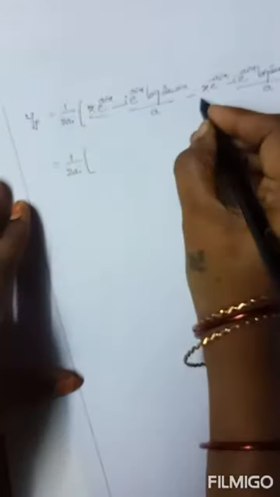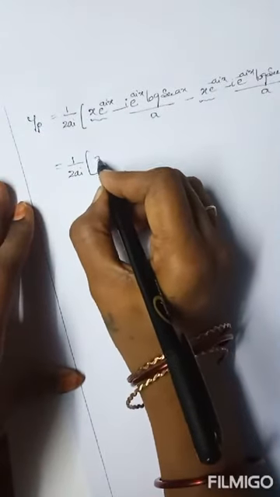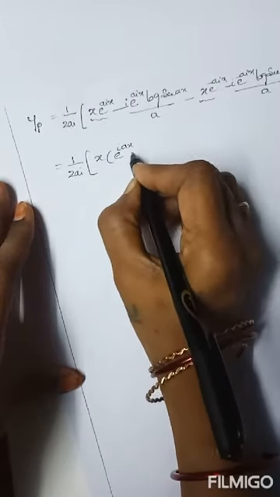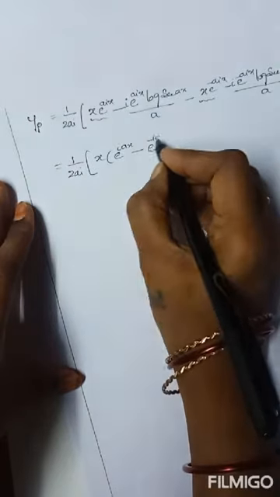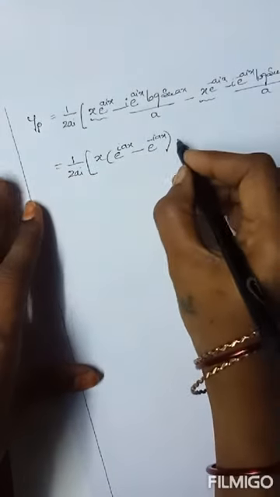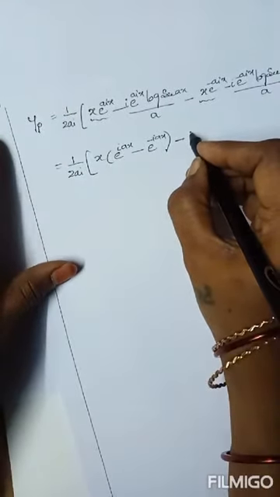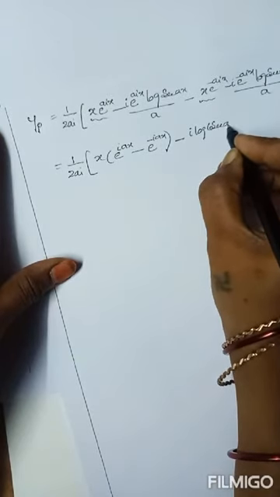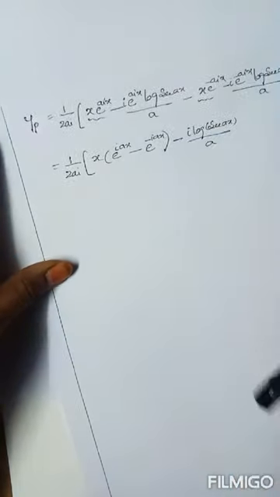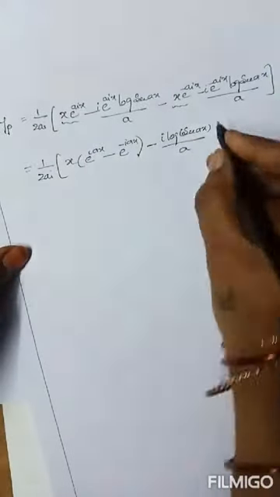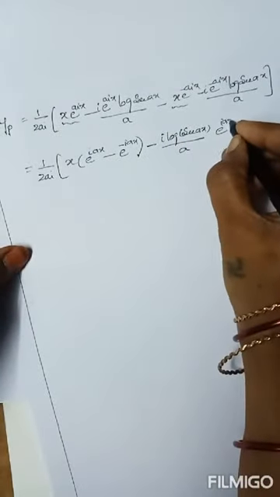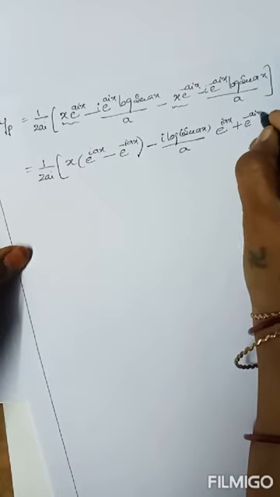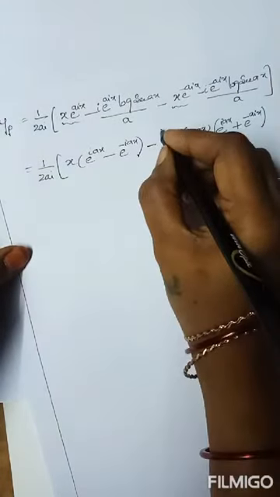Here these two are the same, so from these two x is common: e power iax minus e power minus iax. From the remaining two, minus is common, i log of secant ax by a is common; in the first term the value is e power iax plus in the second term e power minus iax. Minus is already common here.